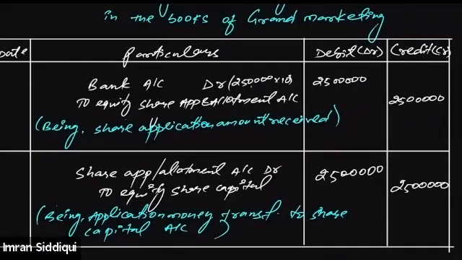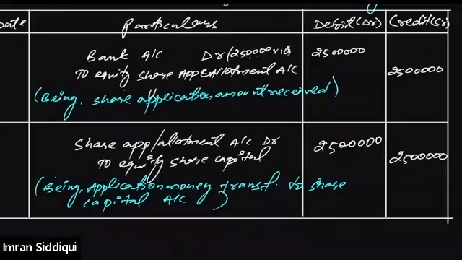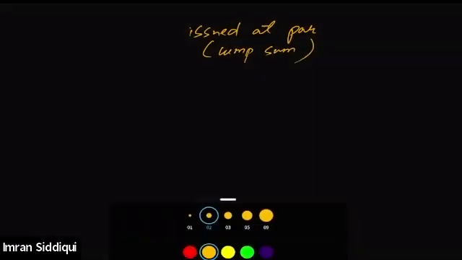Yes, sir. Okay, that means to this question, we understood one thing, that whenever shares are issued at par and on lump sum basis, we need to pass two entries.